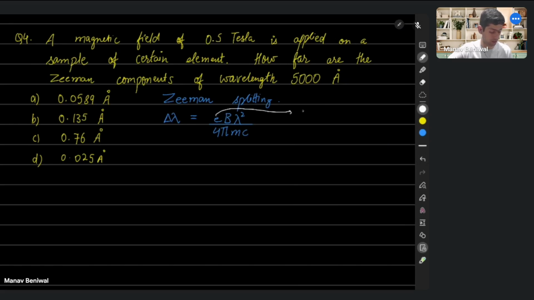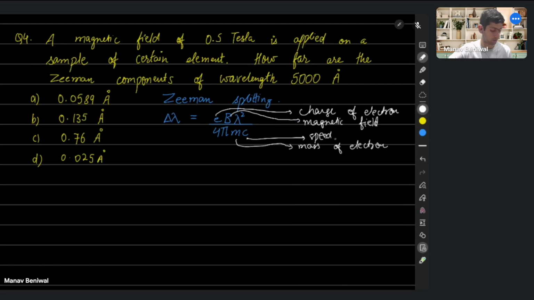Here e is the charge of electron, B is the magnetic field, m is the mass of electron, c is the speed of light, and lambda is the wavelength.